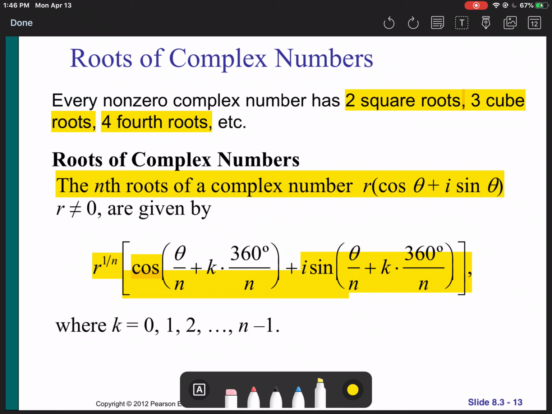That's ugly. I don't like that. So theta over n plus k times 360 over n, in the case of both cosine and the i sine. Now, what is this k value?